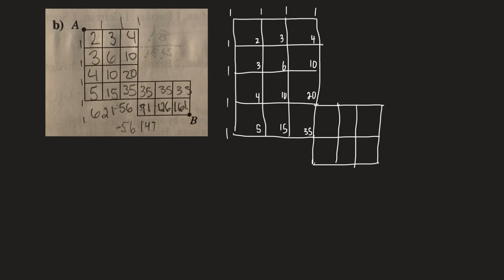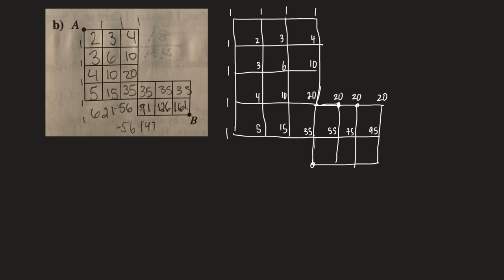So to get to over here, since I'm just following this way, this would be only 20. Again, this would be 20, and this would be 20. So 20 and 35 would be 55. 55 and 20 is 75. 75 and 20 is 95.